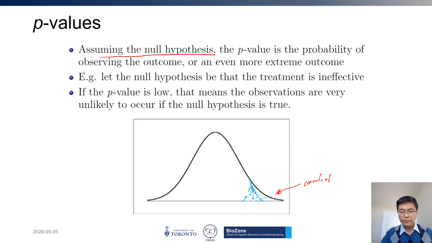Okay, what is the p-value then? You need to assume that you can model your treatment group using the distribution in your control group. That's your null hypothesis. The p-value is the probability of observing what you observe in your treatment, or an even more extreme outcome. So this will be made more concrete in the next slide.